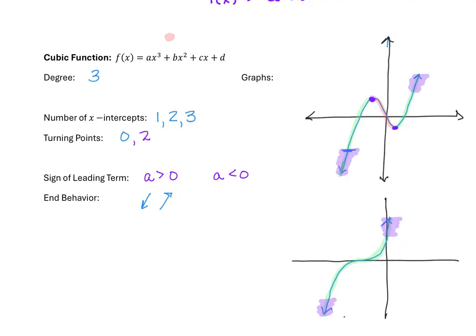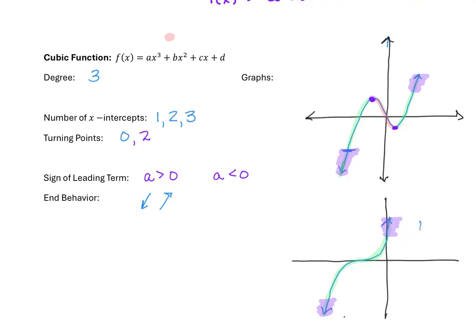If A is negative, well, let's take our original one that we had here. And what we can do is we can flip it. I'm going to try to rotate it. Oh, that's not what I wanted. I'll just draw another one. We can flip it.